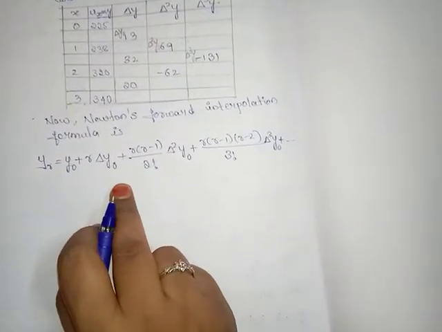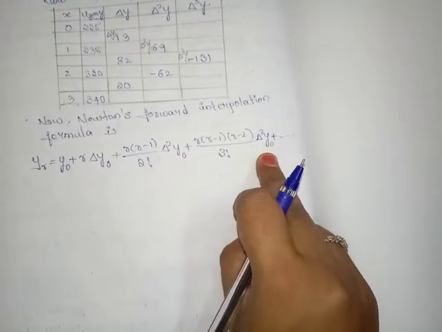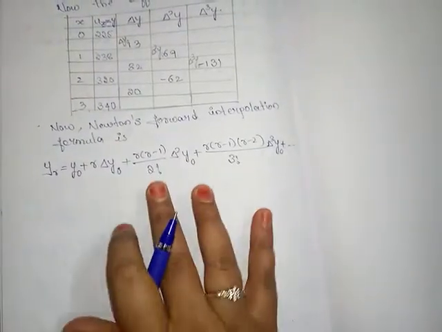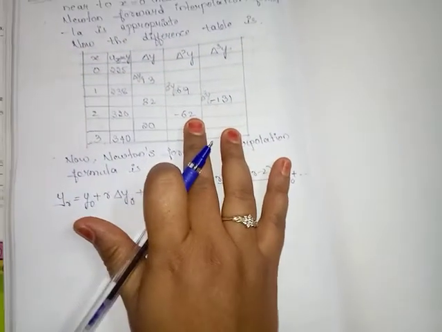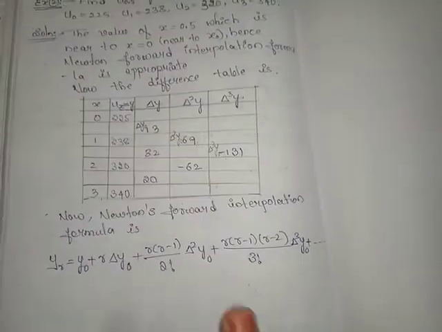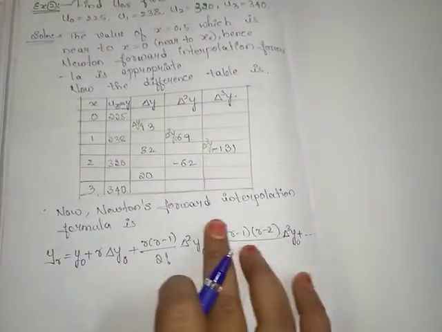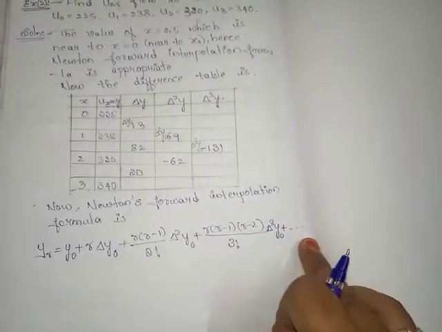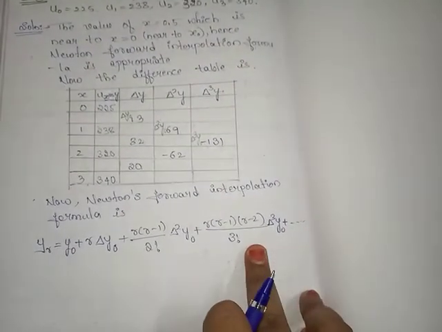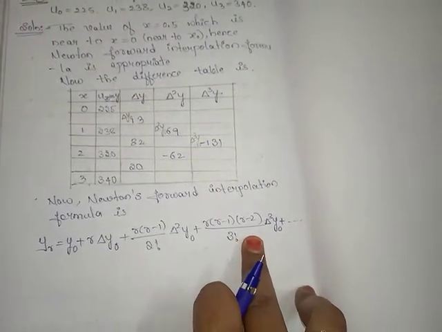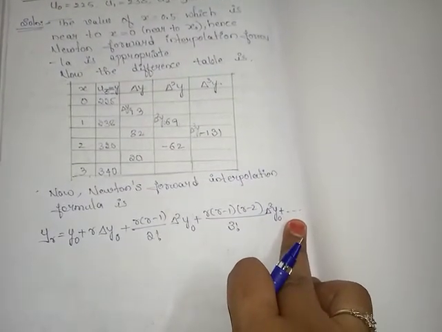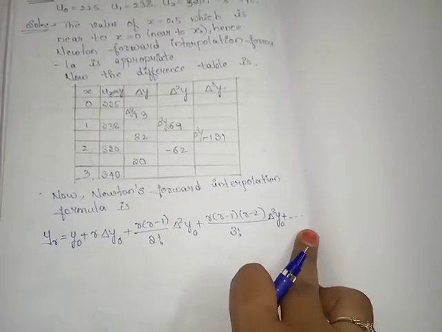Here we have up to the third difference term, so we write up to third difference in the required formula. While you are writing the general formula, Newton's forward interpolation formula, you must write plus and so on. This is the general formula, not for this given example. You may write up to 4th difference, 5th difference, whatever it may be, but you have to write at the end plus and so on.